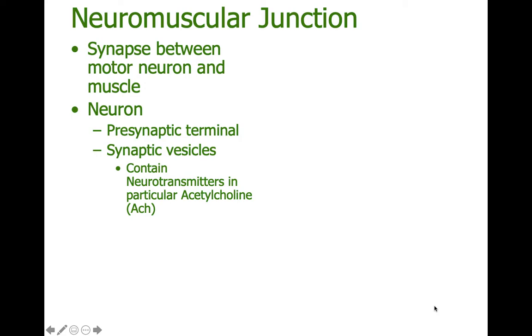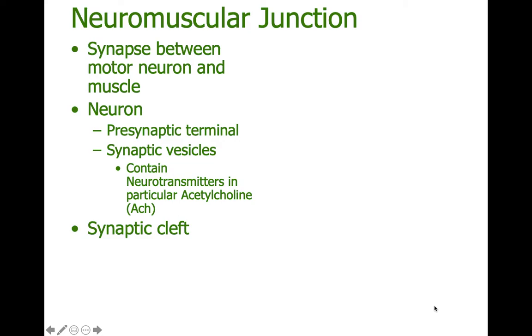Acetylcholine is the only neurotransmitter that we're going to talk about in relation to the muscular system. When we get into the nervous system, there are going to be lots and lots of different neurotransmitters. But for right now, we're only going to concern ourselves with acetylcholine because that's the only one that has anything to do with the muscular system at this point.